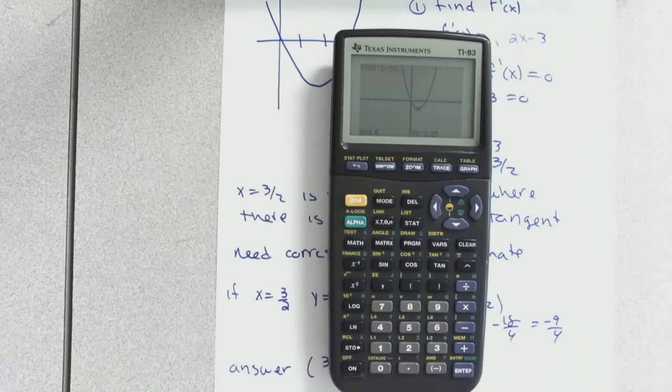And it indeed does look where I would have a horizontal tangent. And it tells me that my y coordinate is negative 2.25, which is negative 9/4. So it absolutely checks. These problems, they're talking about graphical features, you can check by looking at a graph.